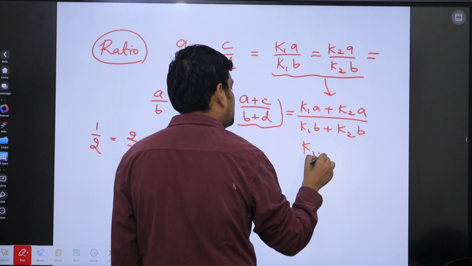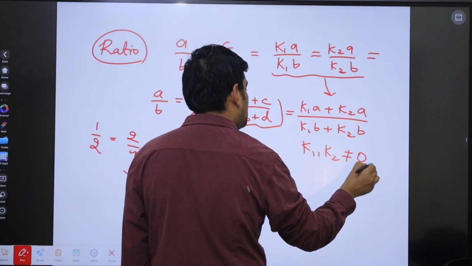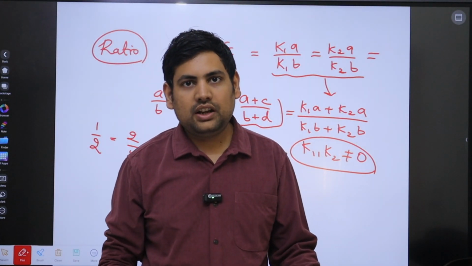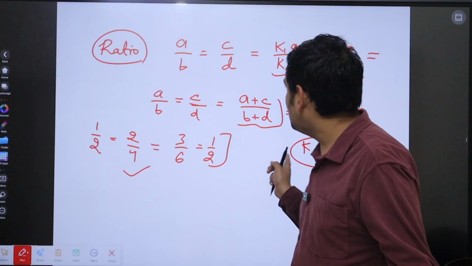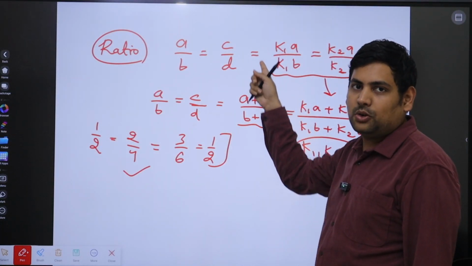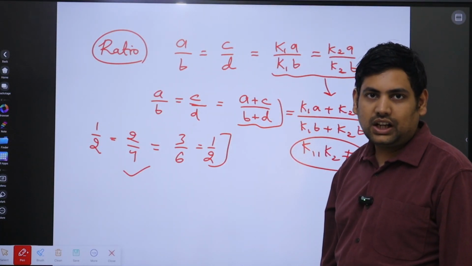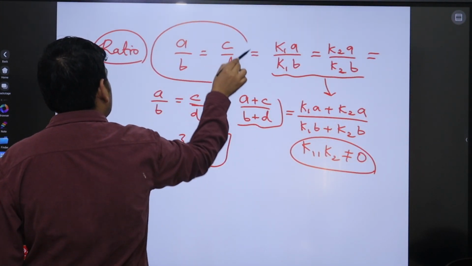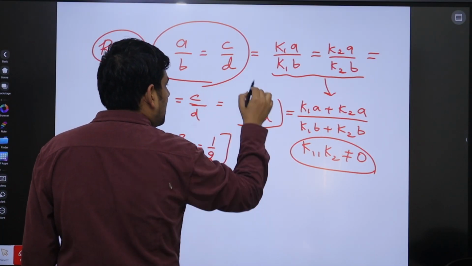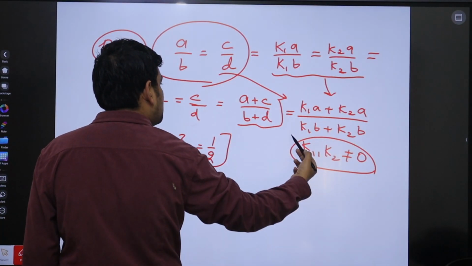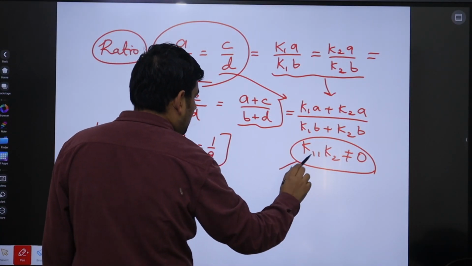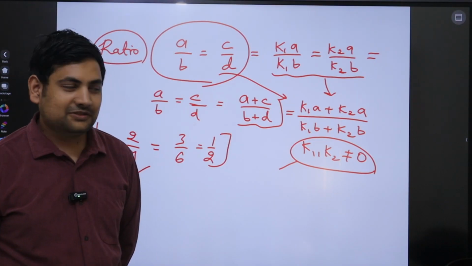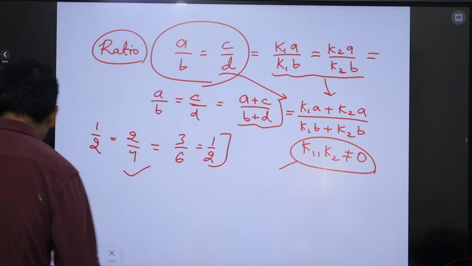Okay, where K1, K2 cannot be equal to 0. Correct? Why it cannot be 0? Because if they are 0, then this does not hold. Because 0 by 0 is not defined. Understood? So K1, K2 is not 0. If some ratio is given to you as A by B is equals to C by D, it is equivalent to K1A plus K2A upon K1B plus K2B, where both of these are not 0. Understood? Fine. Now, let's move forward.